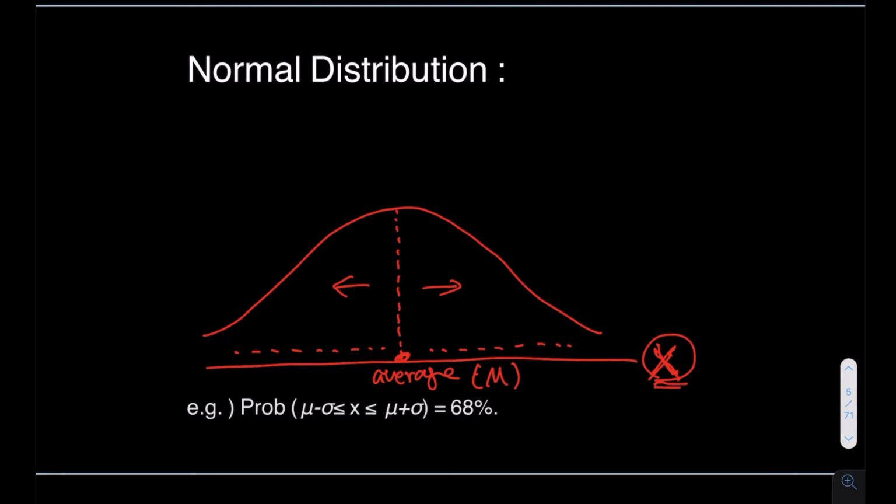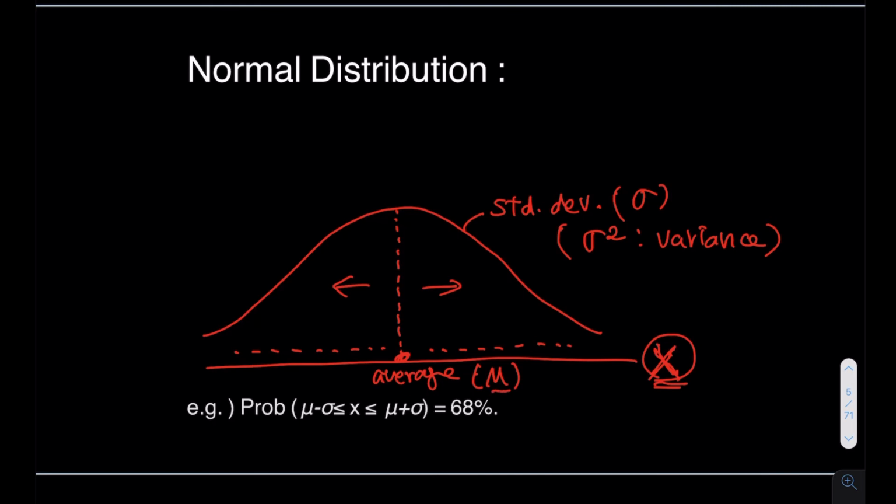To describe the difference, we use a term called standard deviation. In general, we use the Greek letter sigma. And the squared value of this sigma is called variance.